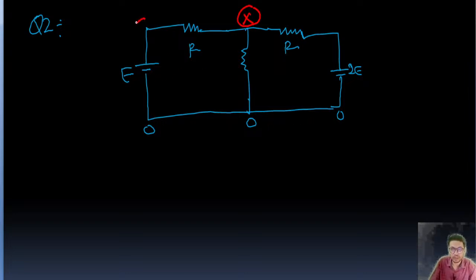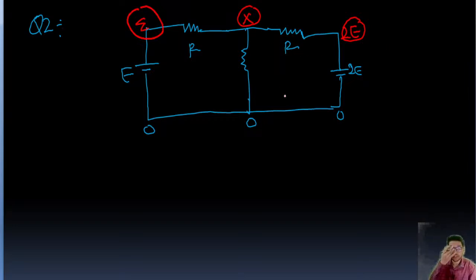The voltage at this point is E, and the voltage at this point is 2E. This is 2E, this is E, this is X.